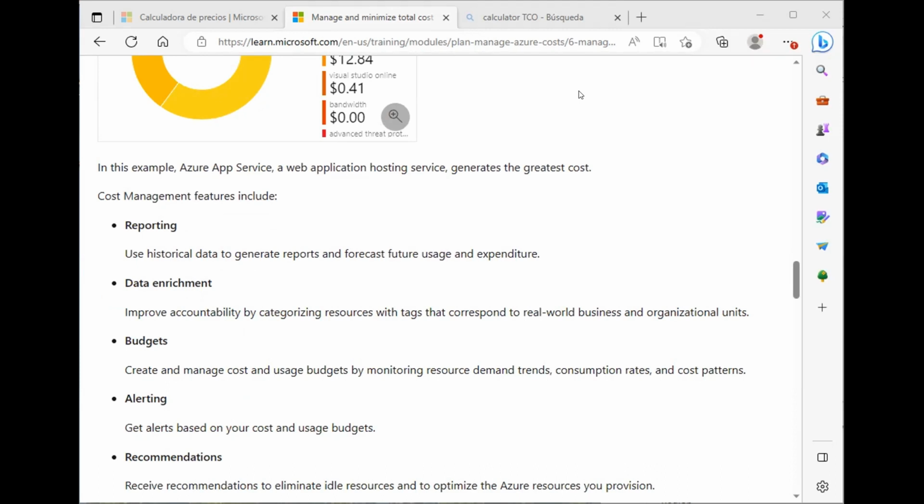Budgets: create and manage costs and usage budgets by monitoring resource demand trends, consumption rates, and cost patterns. Alerting: get alerts based on your costs and usage budgets. And recommendations: receive recommendations to eliminate idle resources and to optimize the resources you provision.